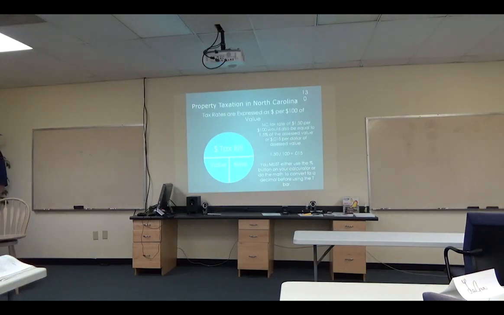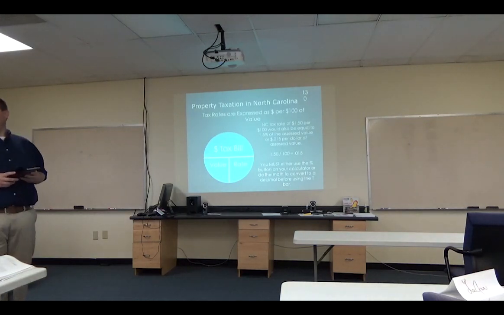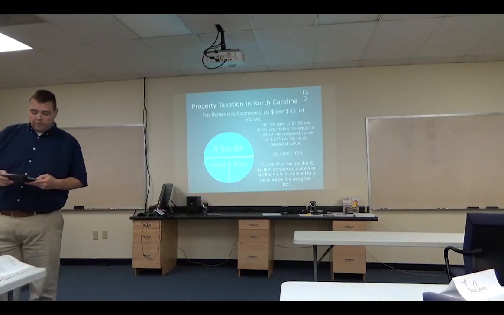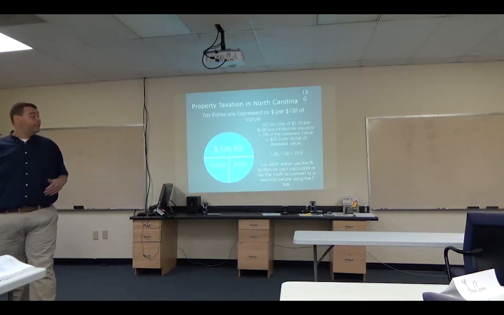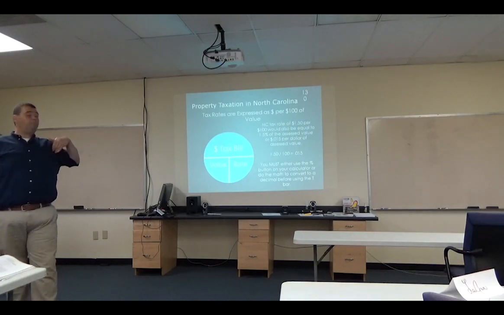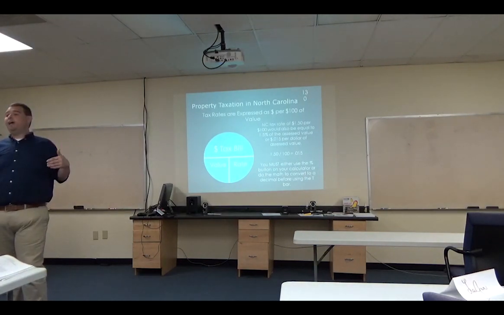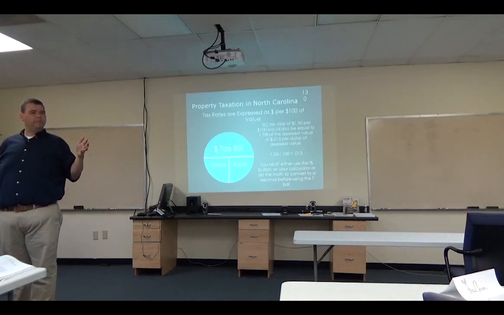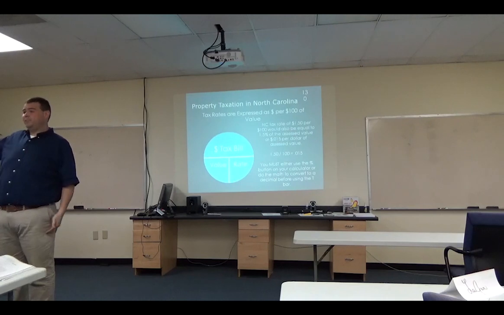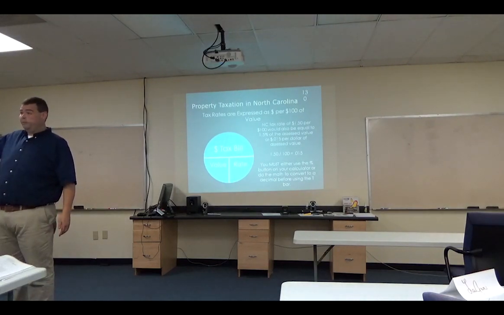The percent button, because a dollars per 100, or really anything per 100, just means, how many cents are there in a dollar? 100. So percent means per 100, right? So the percent button is your friend here, because a North Carolina tax rate in this example of $1.50 per 100 is the same as 1.5%. Does that make sense for everybody? You just drop the dollar sign and you put a percent sign at the end. Is everybody with me on that?